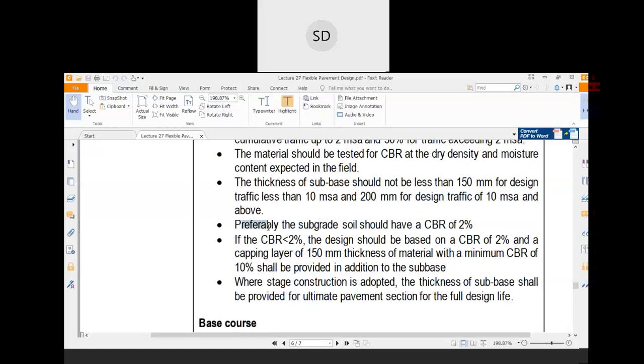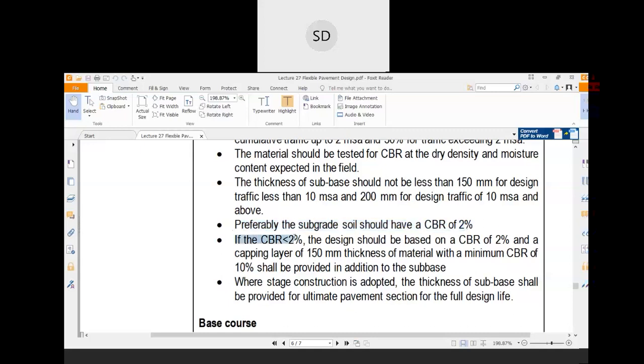Then preferably a subgrade soil should have a CBR of 2%. If the subgrade CBR is lesser than 2%, you have to treat the soil with different materials like cement slurry, cement, or other stabilization material.